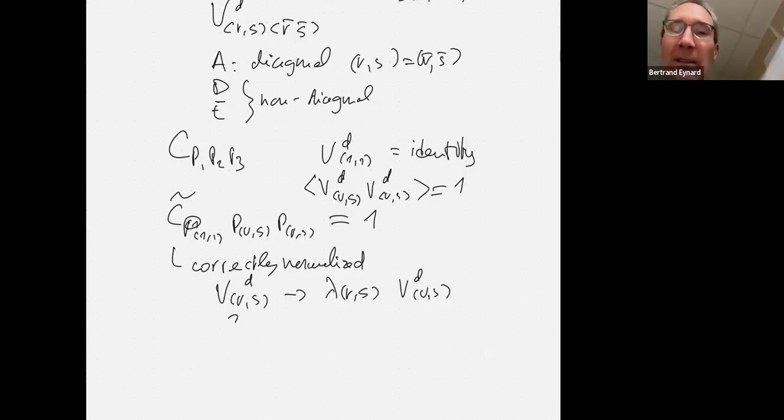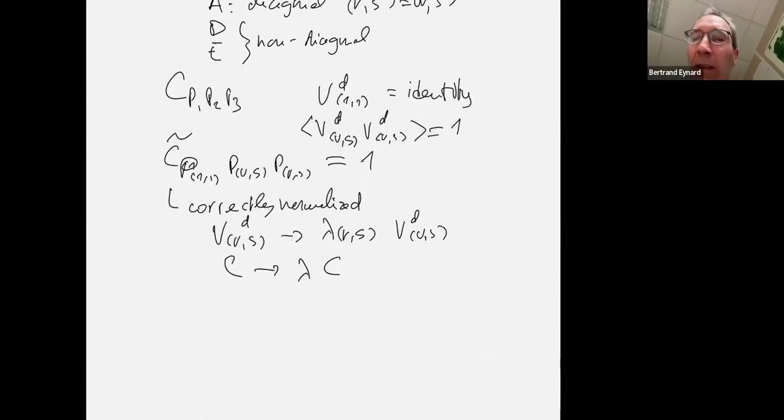And then the correct normalization, which gives you the desired properties, is the following C tilde. C tilde should be, of course, C P1, PR1, S1, PR2, S2, PR3, S3.